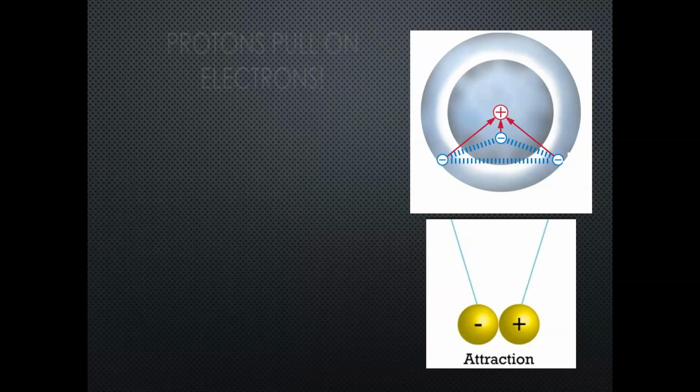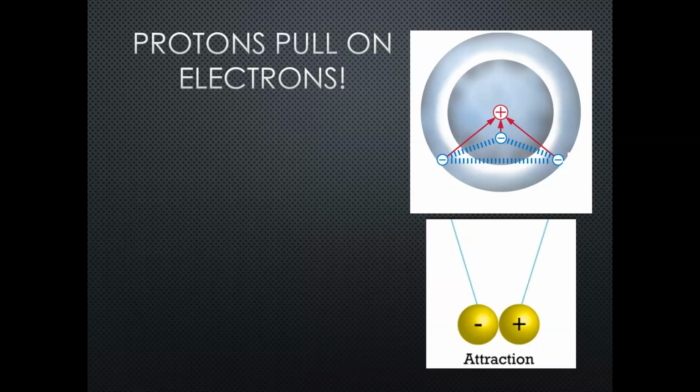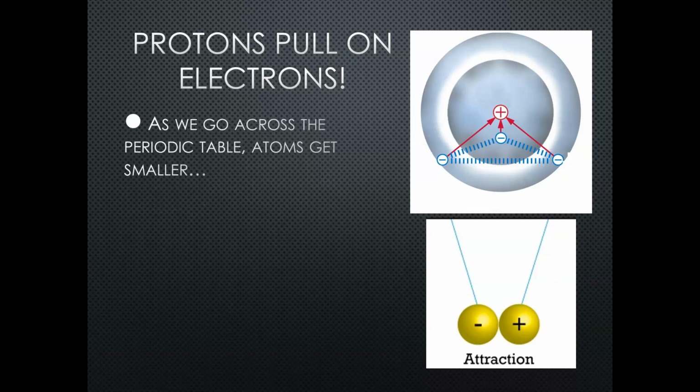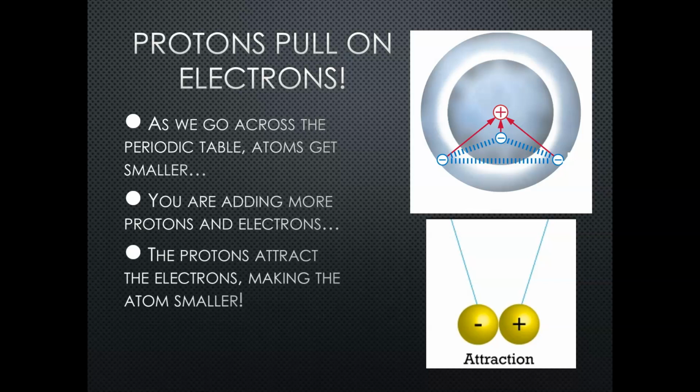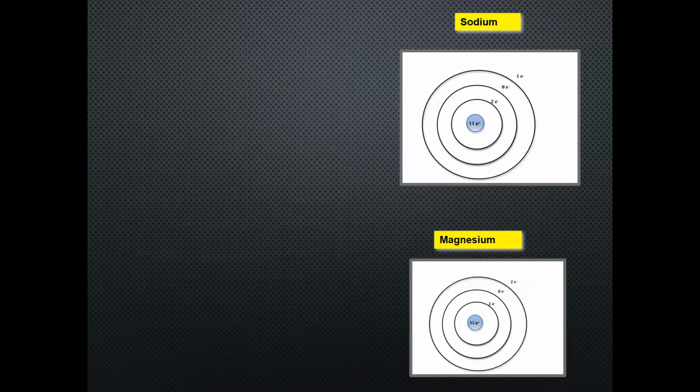Well, part of this has to do with the protons. The protons are going to attract the electrons. So as we add more protons and more electrons going across the periodic table, those protons are going to attract those electrons, making the atom tighter in. It's going to get smaller.